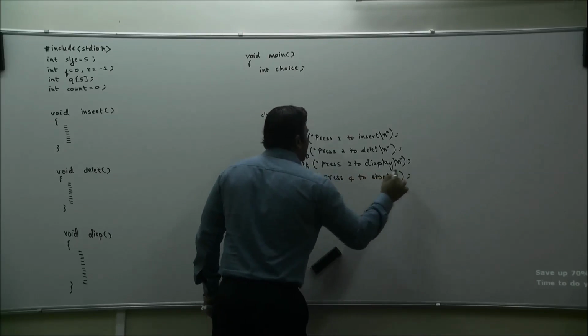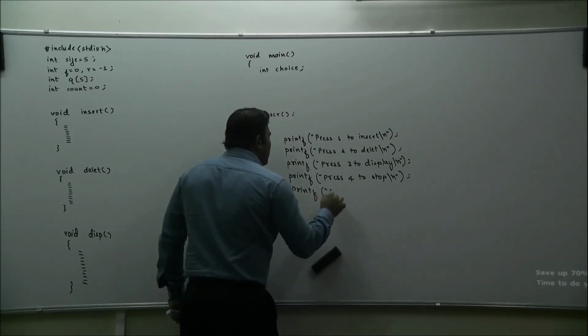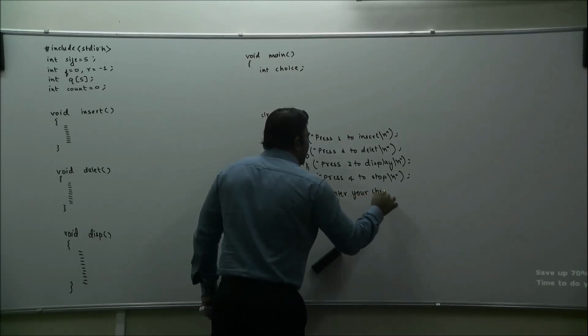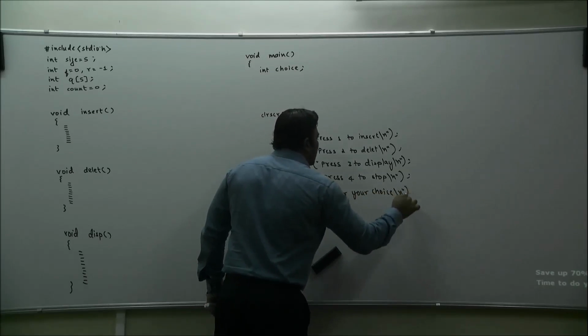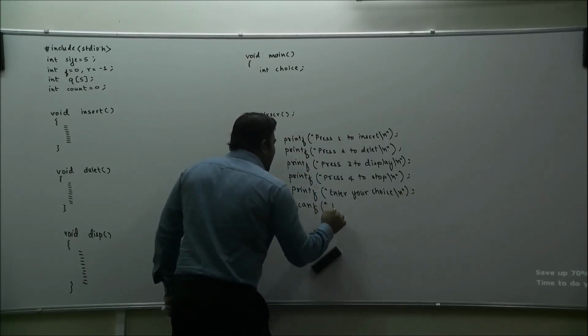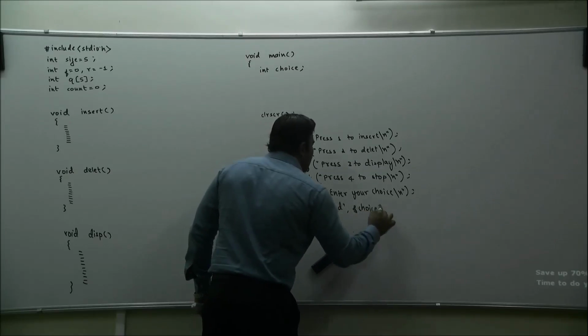And after all this, I will ask the programmer, enter your choice. Whatever is the choice of the programmer, I will scan it, collect it and keep it inside the variable called choice.